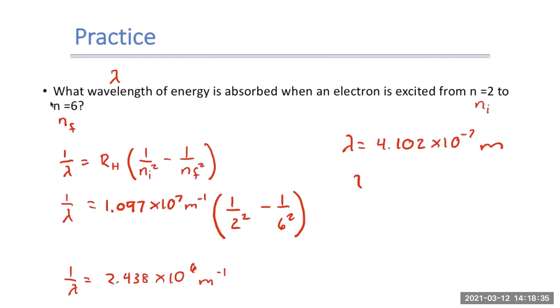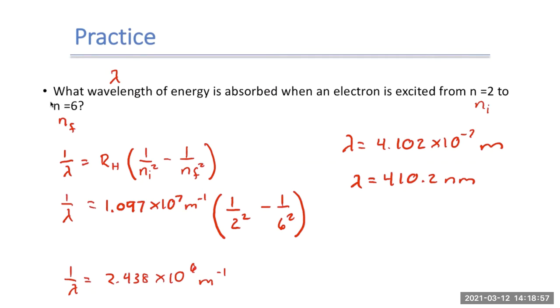When I convert this from meters to nanometers, I end up with 410.2 nanometers. So now I know this is visible light.